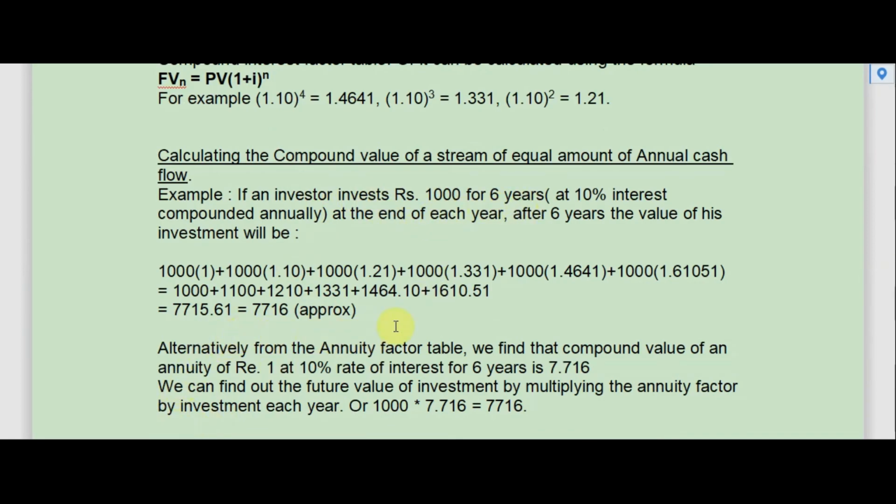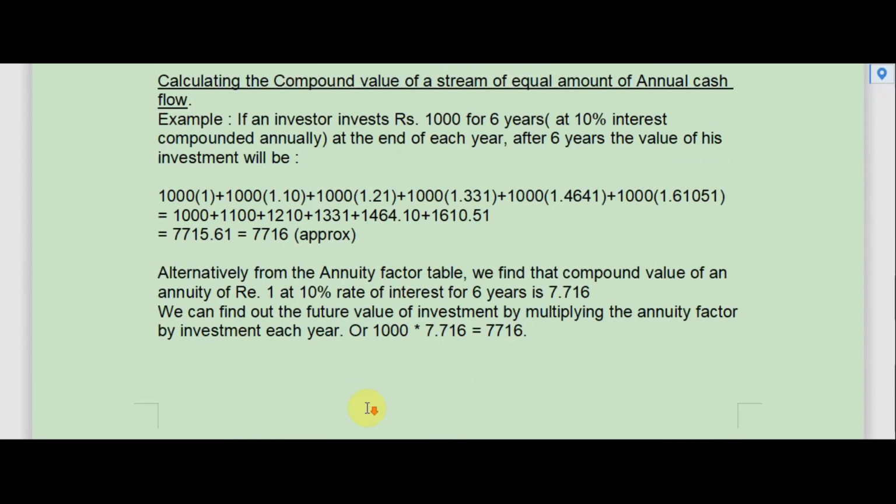So we can use the annuity factor instead of using this cumbersome formula. From the annuity factor table, we find that the compound value of an annuity of rupee 1 at 10% rate of interest for 6 years is 7.716. We can find the future value of the investment by multiplying the annuity factor by the investment each year, or 1000 multiplied by 7.716 equals 7716.